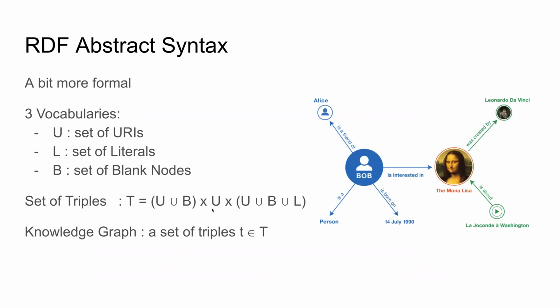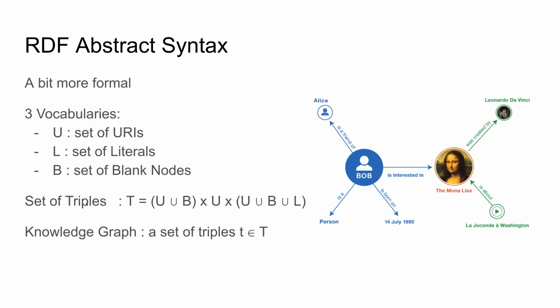Getting down into the abstract syntax of RDF, if we want to be more formal, we need to think of RDF as a set of 3 vocabularies: the set of URIs, the set of literals, and the set of blank nodes.